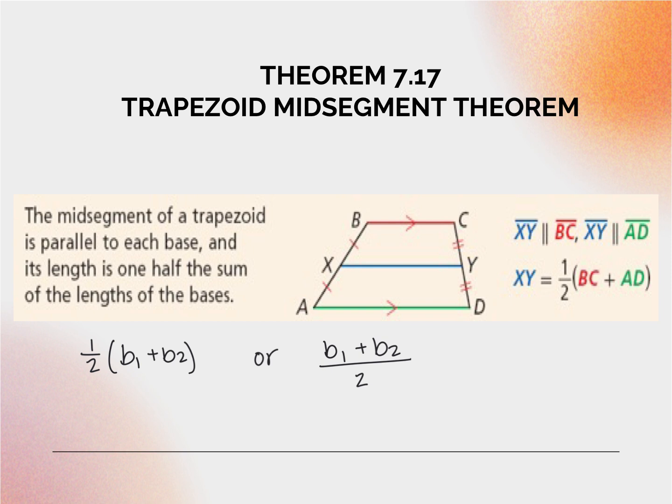Does the order of my bases matter? No, it does not. What are my bases? They're the parallel lines. So this red one and this green one, you're adding those two and then dividing by 2 to find your mid-segment. The mid-segment is this right here in green.